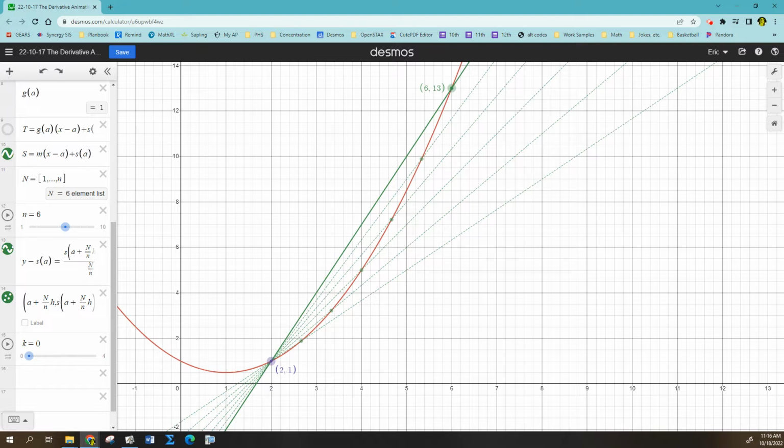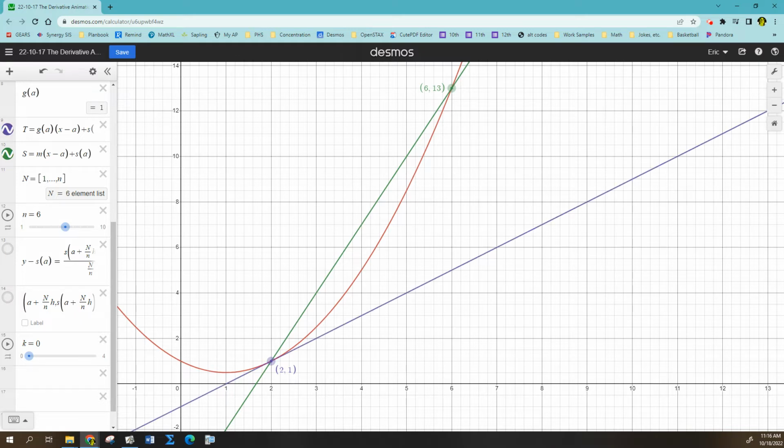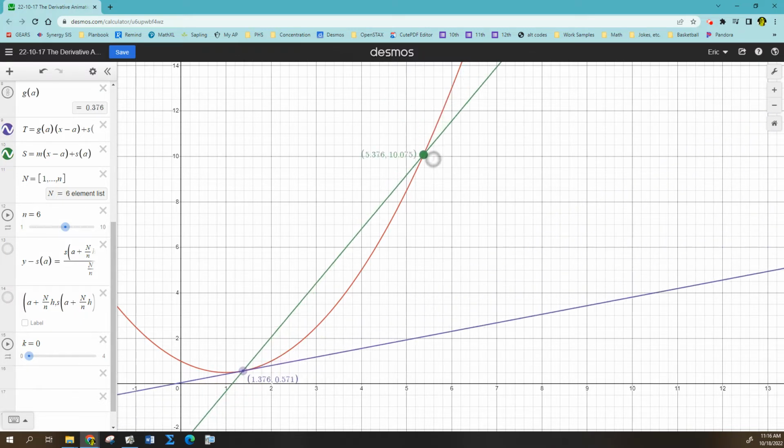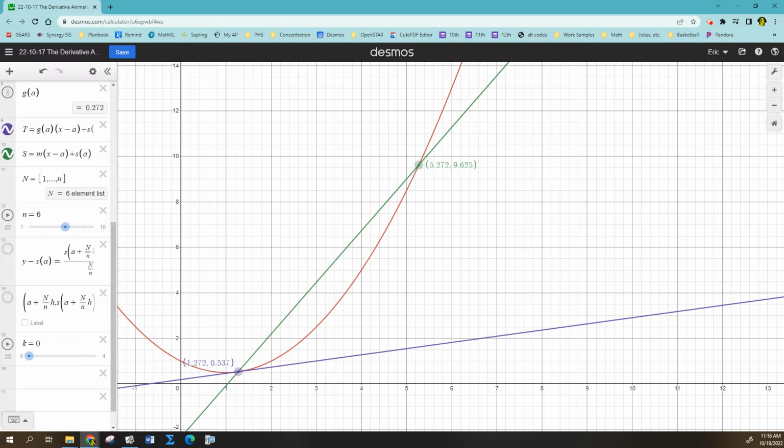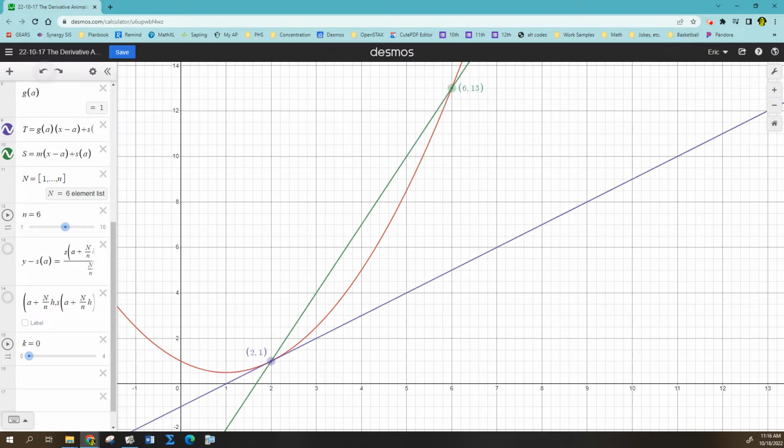Okay. And in fact, why don't we just draw this? Here's our tangent line right there. Why don't I just draw that point in more? Oh, I can't do that. I forgot.